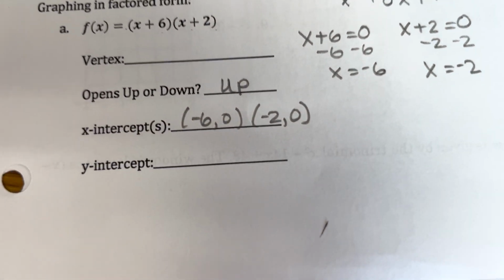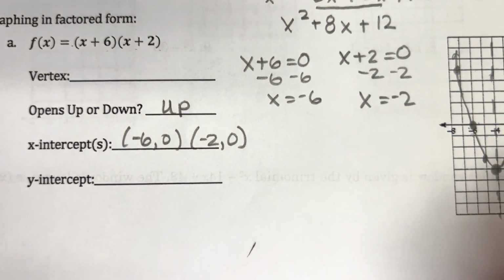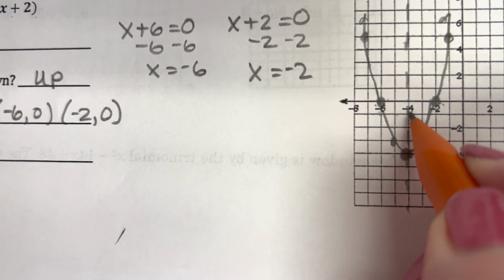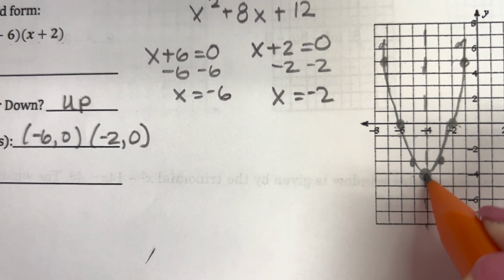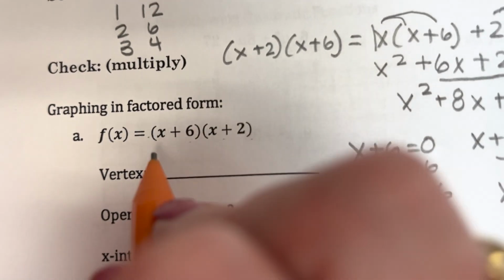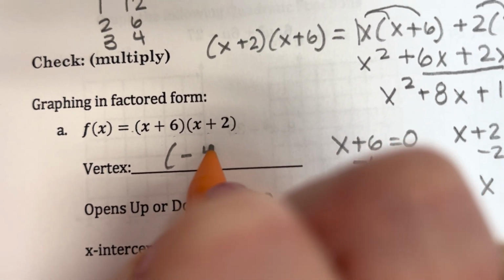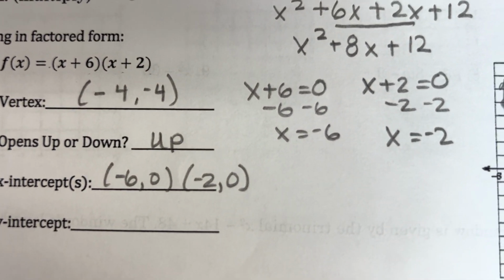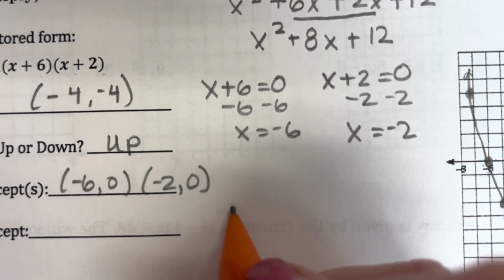Okay, how do we find the y-intercept? Our vertex, oh, we found our vertex. Look, it's negative 4, and it's down 1, 2, 3, 4. It's not always that, it just turned out to be that. So negative 4, negative 4. For the y-intercept, plug in 0 for x.